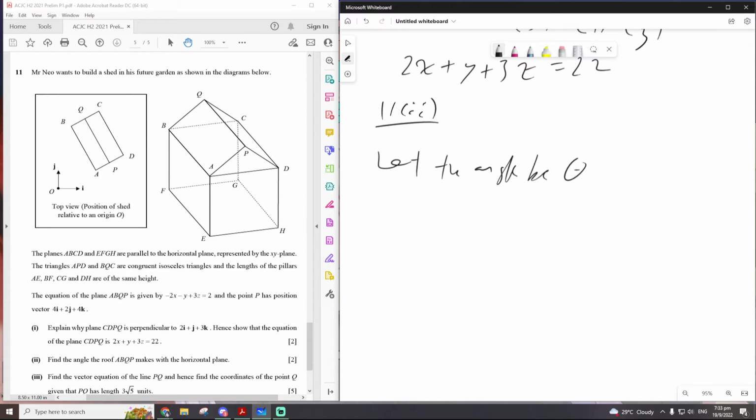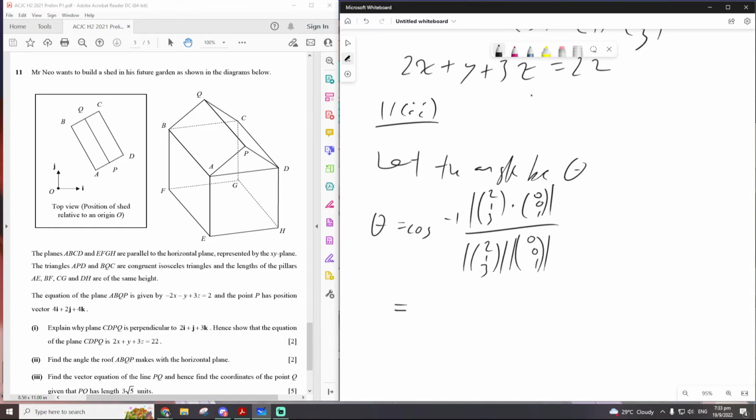Both are planes, so theta is cosine inverse, because when they are the same type, they are cosine inverse. When it's a line and a plane, then you use sine inverse. So you take the dot product of the two normal vectors, which is (2, 1, 3) dot (0, 0, 1). Then you divide by the modulus of the two vectors.